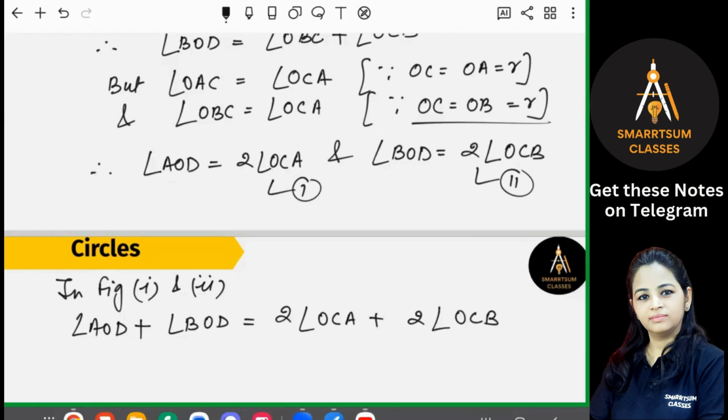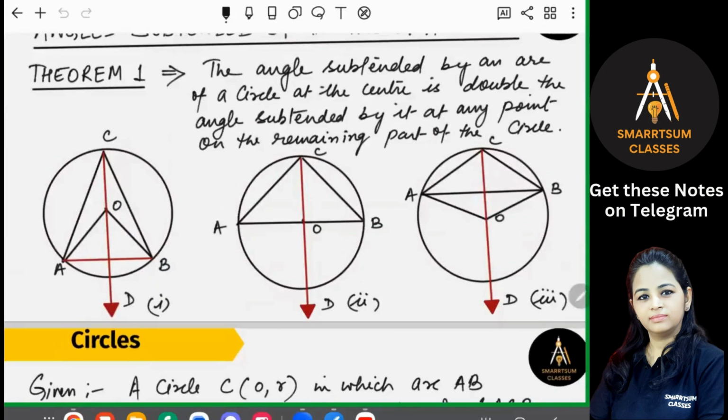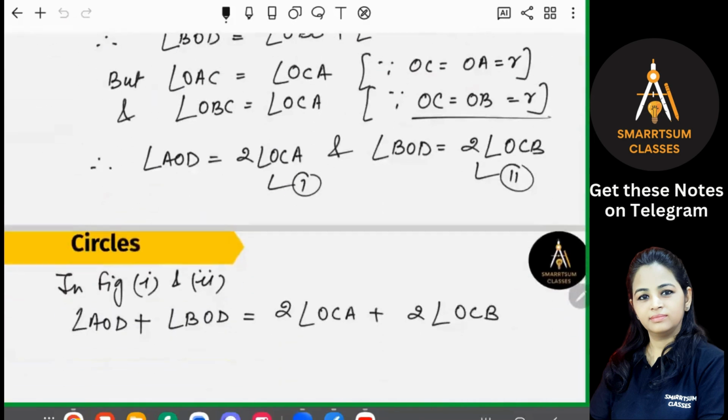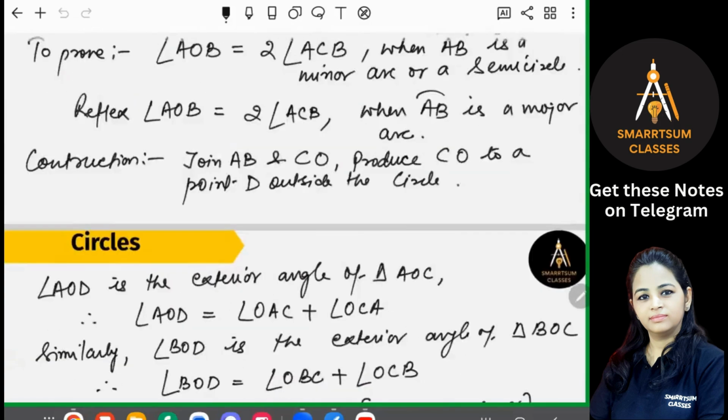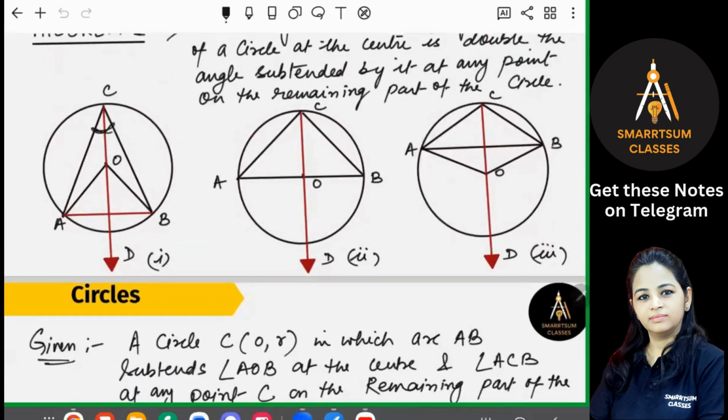Now, what is angle AOD and BOD in these two figures? Angle AOB, this whole, right? Similarly here, angle AOD and BOD is this whole angle AOB, right? So in both, this is equal to AOB, which is twice of OCA and twice of OCB, which is twice of ACB, this one, right?